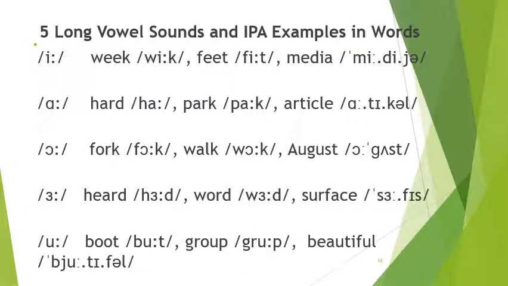And on these slides, we have 5 long vowel sounds and their IPA examples in words. There are 5. Remember, monophthongs are 12: we have 7 short vowels and 5 long vowels.